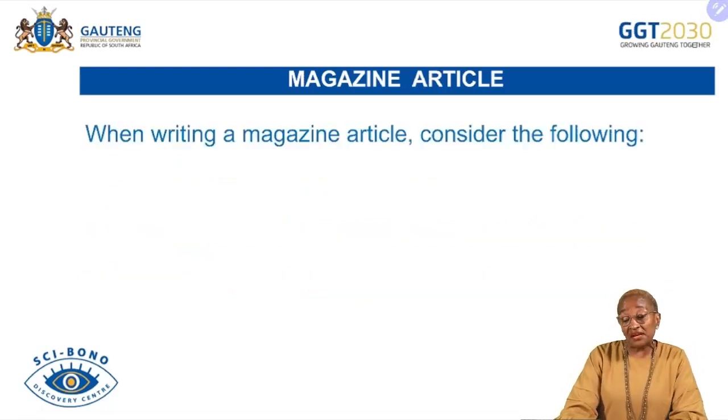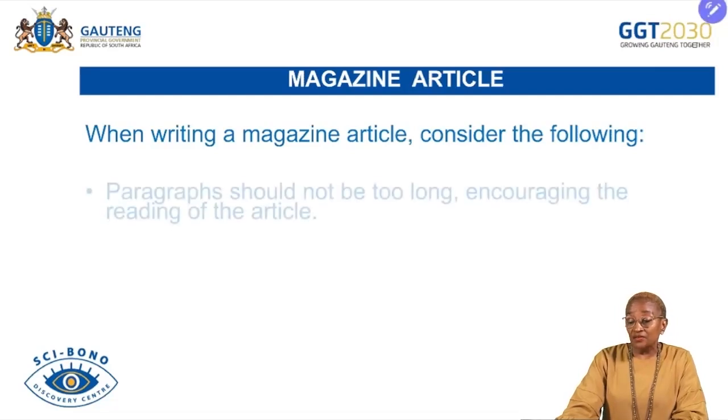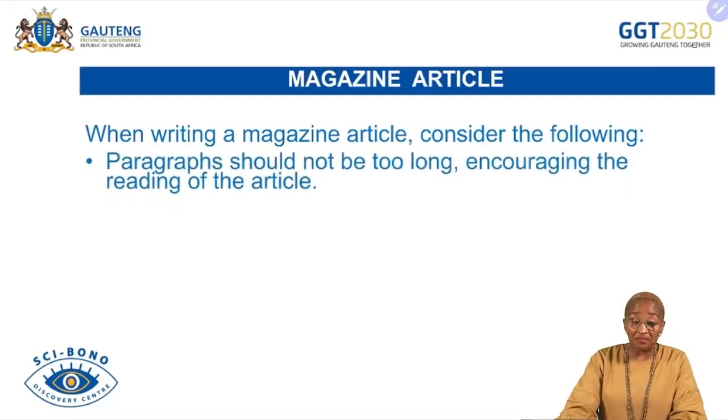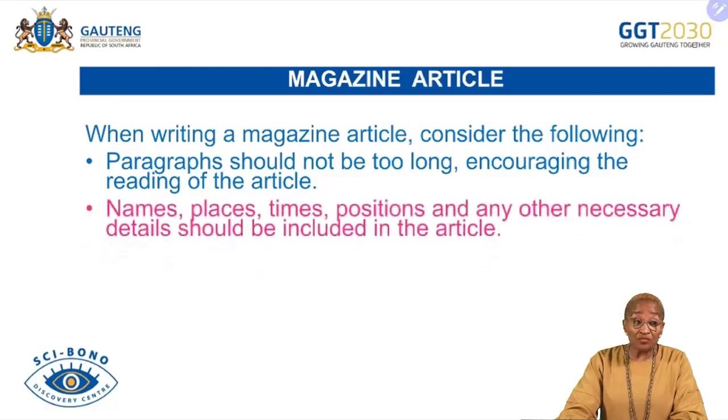When writing a magazine article, you must also consider the following regarding the paragraphs. Your paragraphs should not be too long, encouraging the reading of the article. Names, places, times, positions, and any other necessary details should be included in the article.